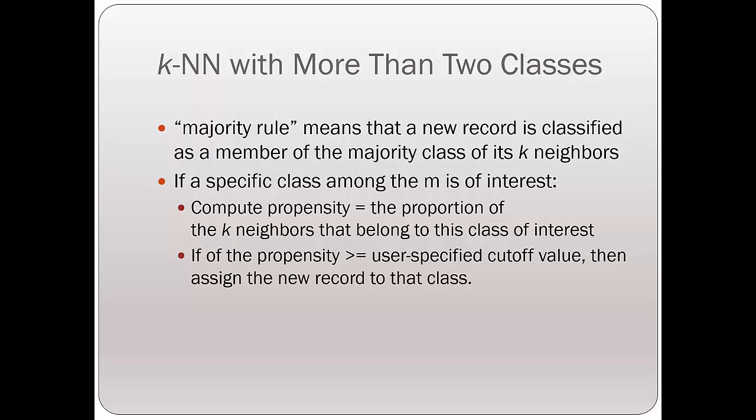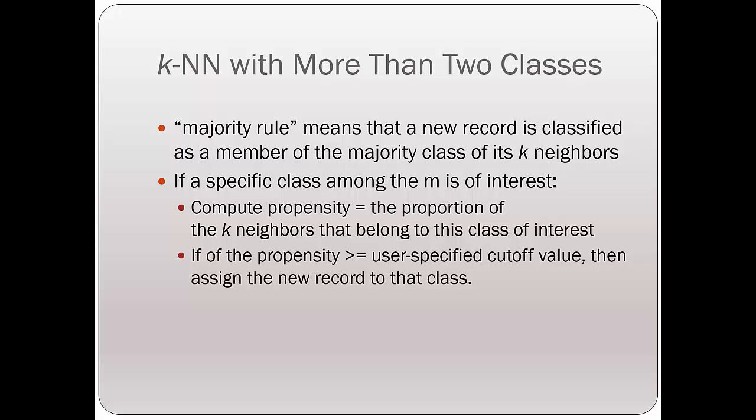If a specific class among the M is of interest, often when you have more than two classes, there is probably one class which is of more interest than the others. So you will compute the propensity of that particular class of interest, and if it is greater than the cutoff value, then you would assign it. So two possibilities.